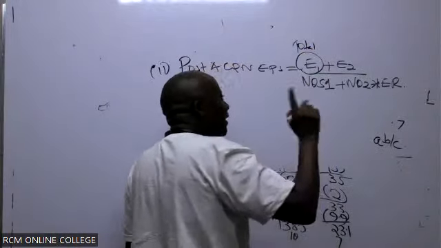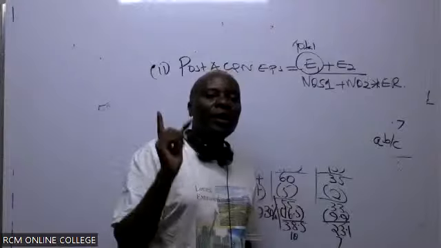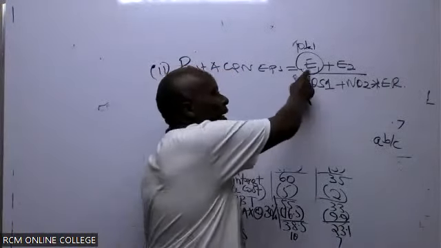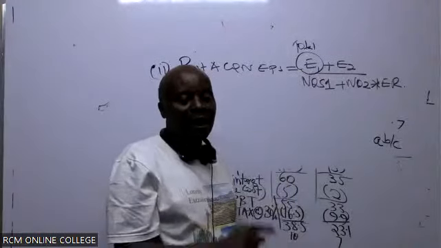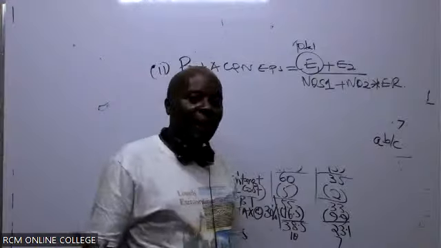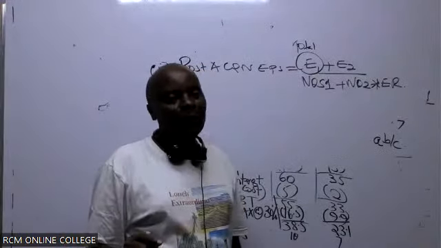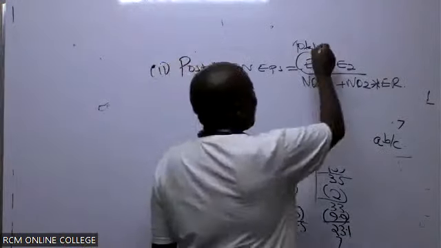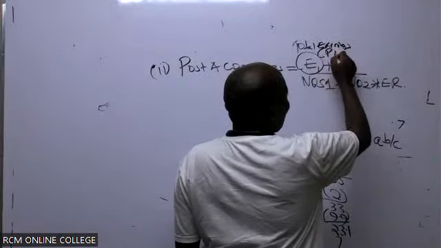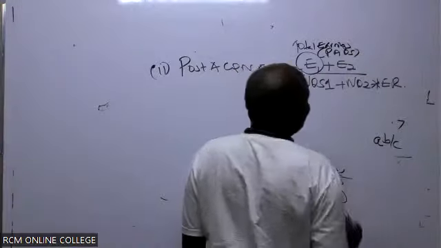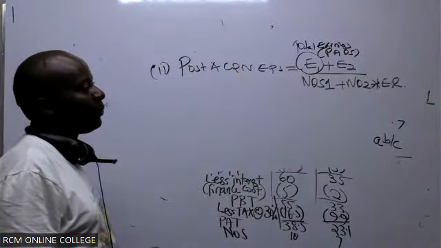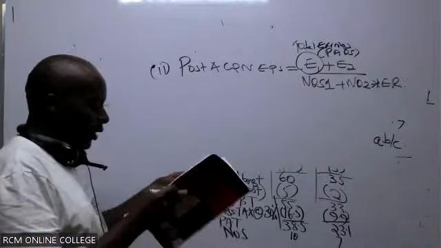Over 30% of the candidates who write this paper take this as EPS, and then they get 0 and fail. Then they keep blaming CASNEP and everybody else except themselves. So this is total earnings, what we call the PAOS, profit attributable to ordinary shareholders.